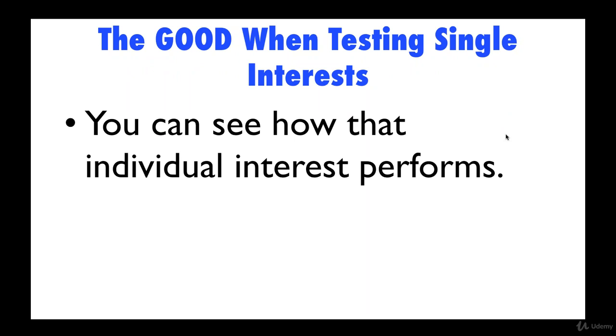And I heard this yesterday on a podcast, and I haven't explored or seen it, but I heard that Facebook is rolling something out where you can split test interests. Let's say you're targeting two interests and each interest is 1 million people.